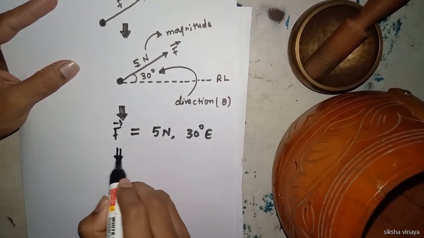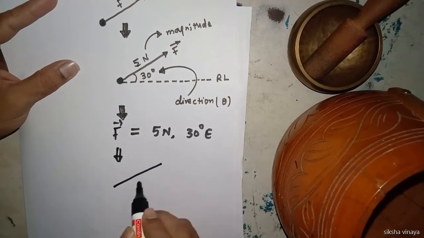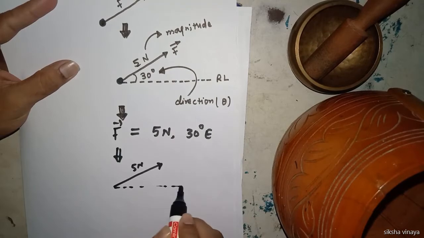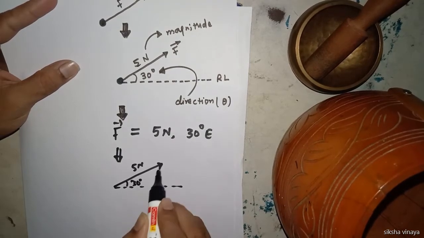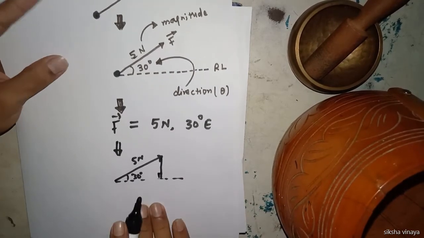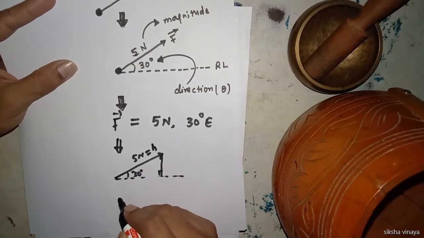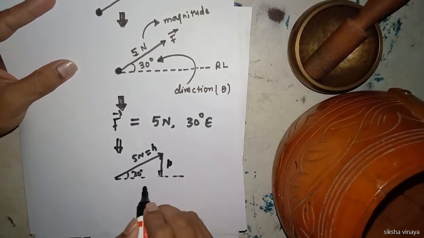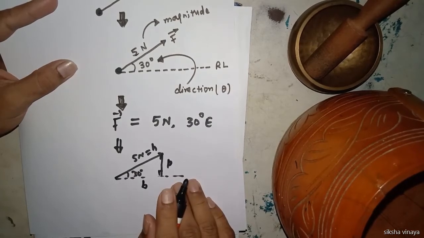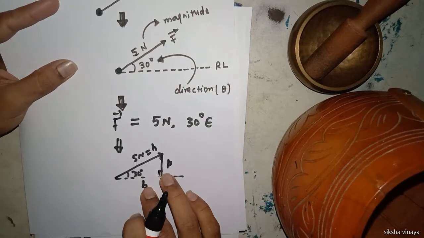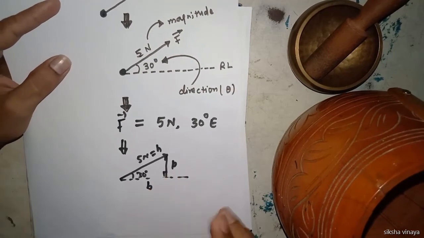And I have already told you that if I draw a right angle triangle, it becomes H, P, and B. Can you find out P and B by using trigonometry?